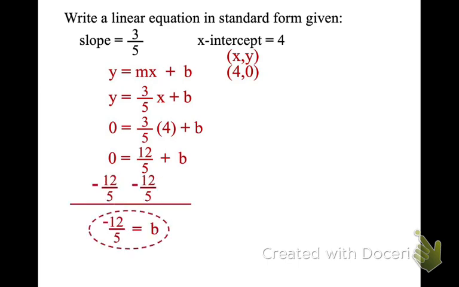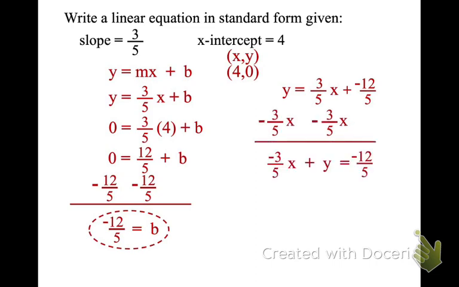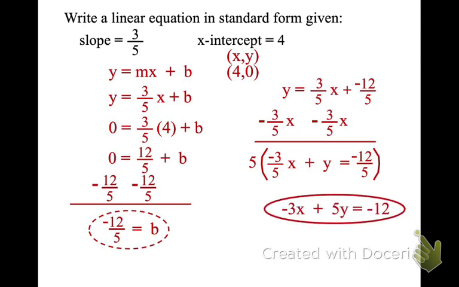Once I figure out what b is, I substitute it into the equation, and then I move my x over and get rid of the fraction. Multiply everything by -5 or 5. Okay, if we multiplied by negative, it would be the opposite. 3x minus 5y equals positive 12. All right.